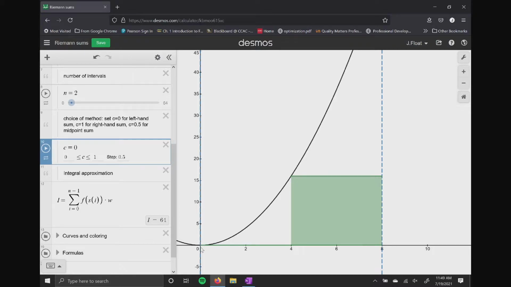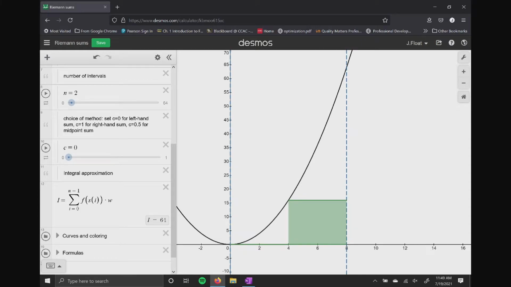So right now, if you're looking on the left-hand side, C equals 0, which means I have left-handed sums. Okay, and notice that right there is my first rectangle from 0 to 4. And then my second rectangle is going to go from 4 to 8. So I only have two of them, okay? Now, my interval here is from 0 to 8. What I want to do is find the area under the curve from 0 to 8, okay? Now, right here, I equals 64.